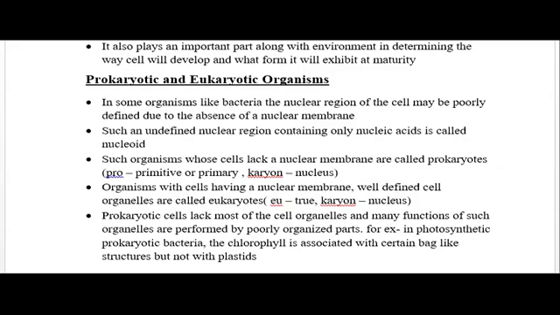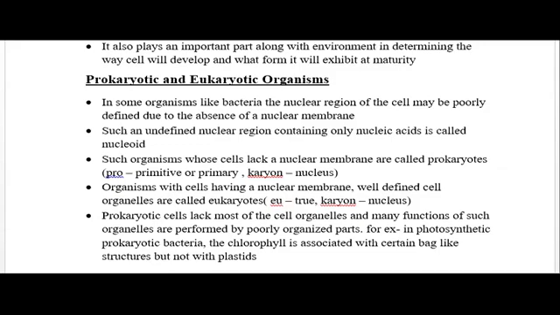But prokaryotic organisms have nucleic acids, and because of that, the prokaryotic organism is said to have a nucleoid. Prokaryotic cells lack most of the cell organelles, and many functions of these organelles are performed by poorly developed parts.